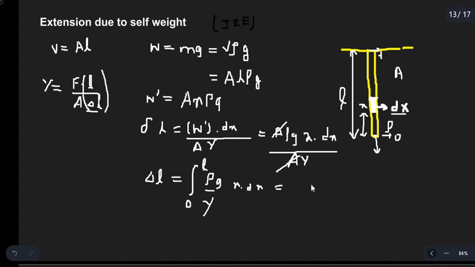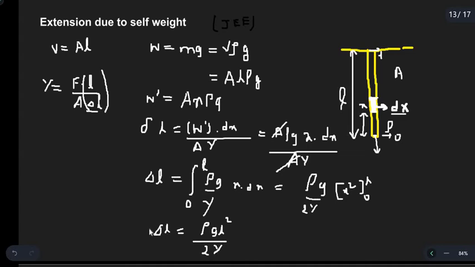So del L will be your rho G upon 2y, and now you have here x square, which is your limit from 0 to L. So you put on this limit, so you will get your del L is equal to rho G L square upon 2y.